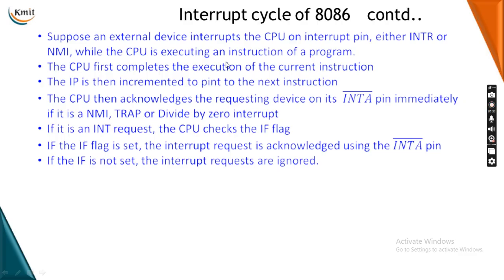Suppose an external device interrupts the CPU on the interrupt request pin, or on NMI, the non-maskable interrupt, while the CPU is executing an instruction of a program. So what is an interrupt cycle? The CPU first completes the execution of the current instruction.